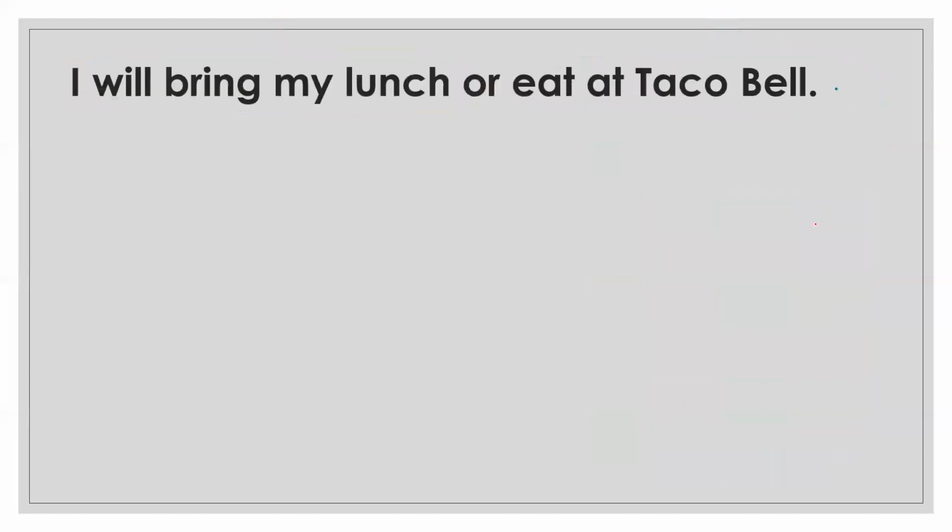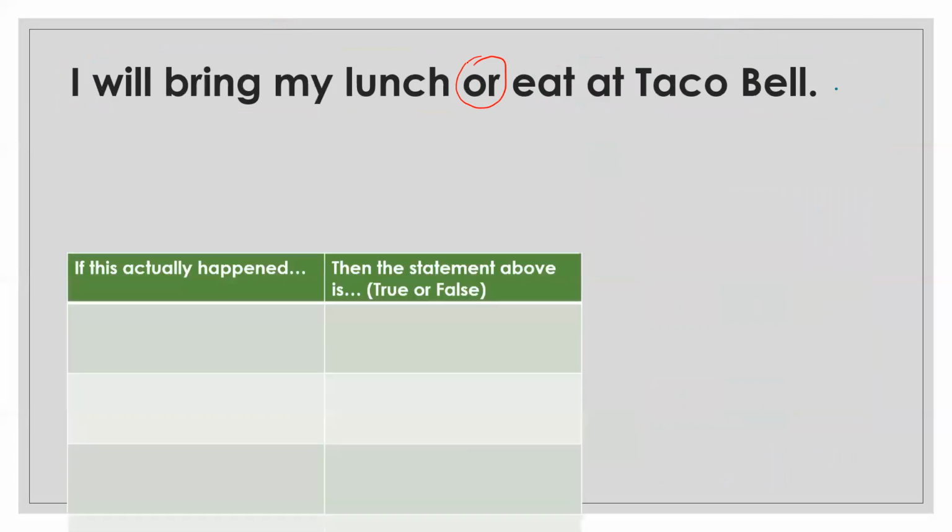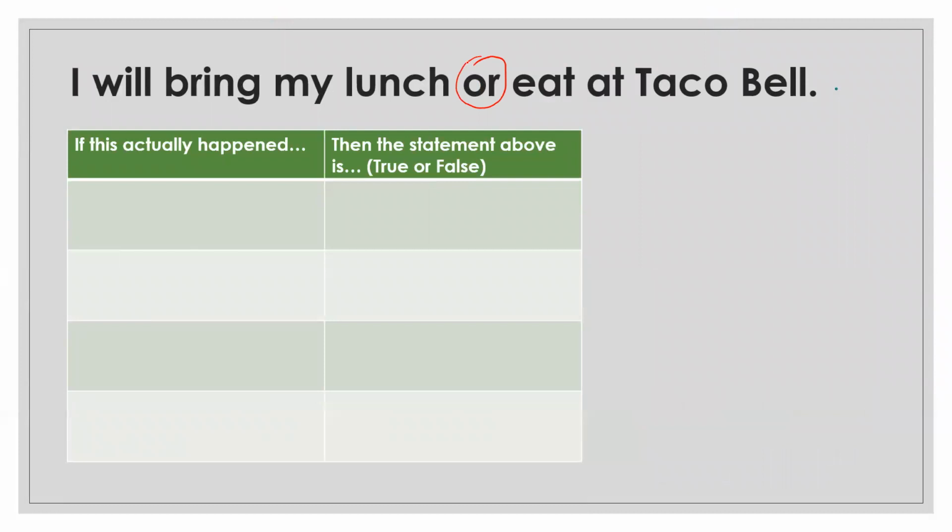Okay, what if we change that to an or statement? How is that different? Okay, so if I say to you, I'll bring my lunch or eat at Taco Bell, according to these scenarios, what do you think about my statement? One, I brought lunch and ate at Taco Bell.